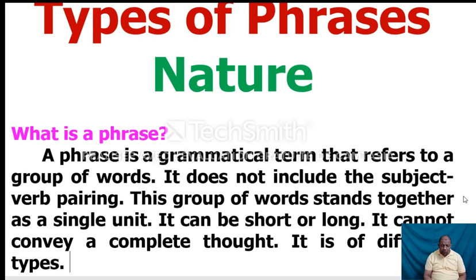In this group of words, there is no subject and there is no verb. And this phrase is just a single unit. It is one unit. Moreover, it can be short and it can be long. It depends on the number of words that we find in this phrase.